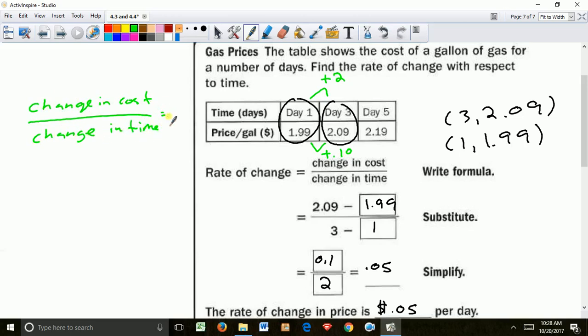If you're working the problem this way, make sure that the change in y is over the change in x. So you're taking the change in the cost, which is 0.10, divided by 2. Those are both positive, and if you divide those, you will get 0.05. Technically, that would be 0.05 over 1. So the cost is increasing 5 cents per gallon per 1 day.